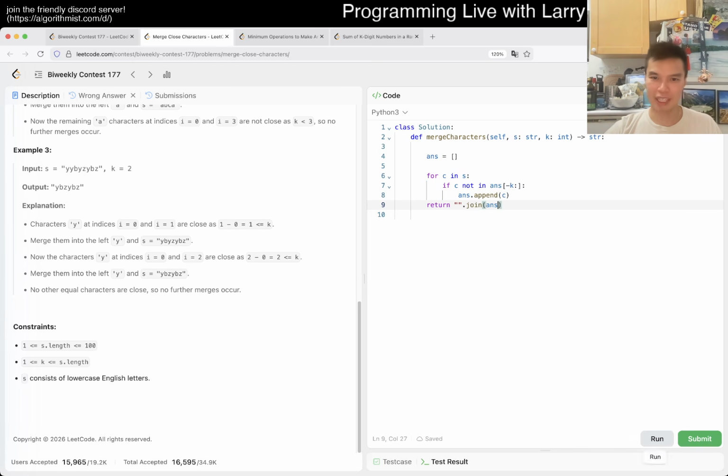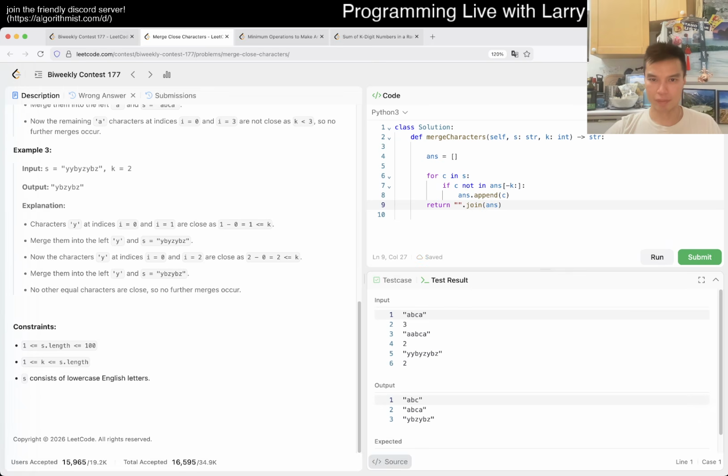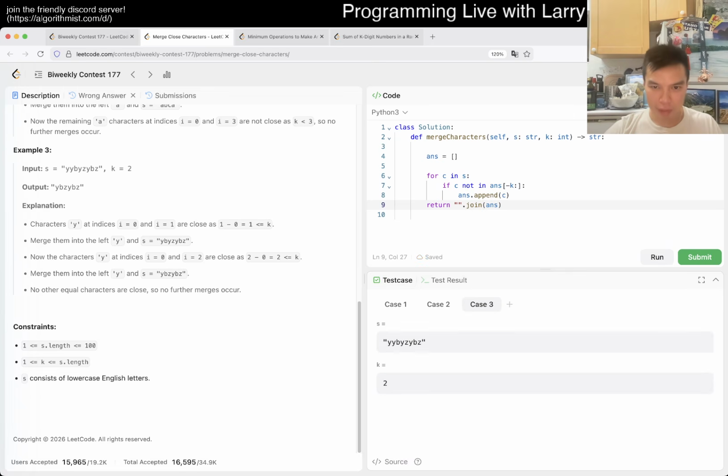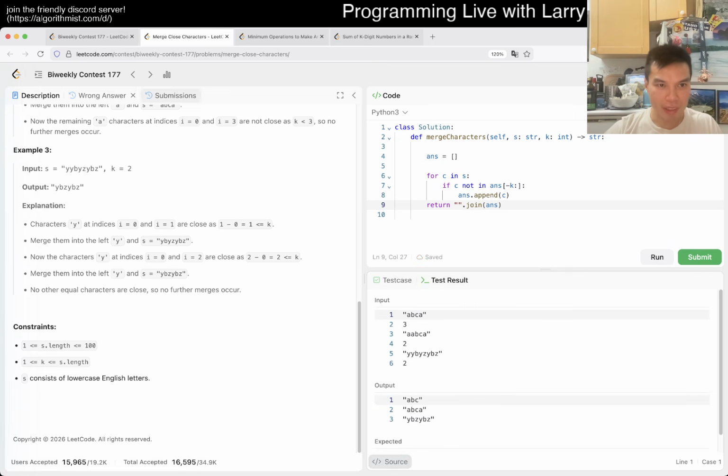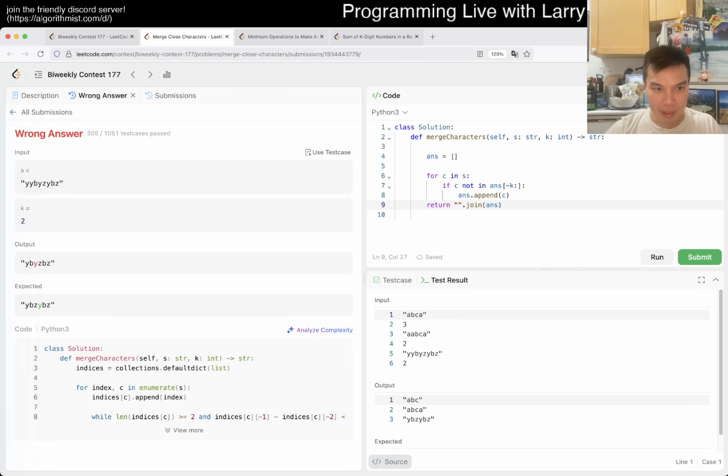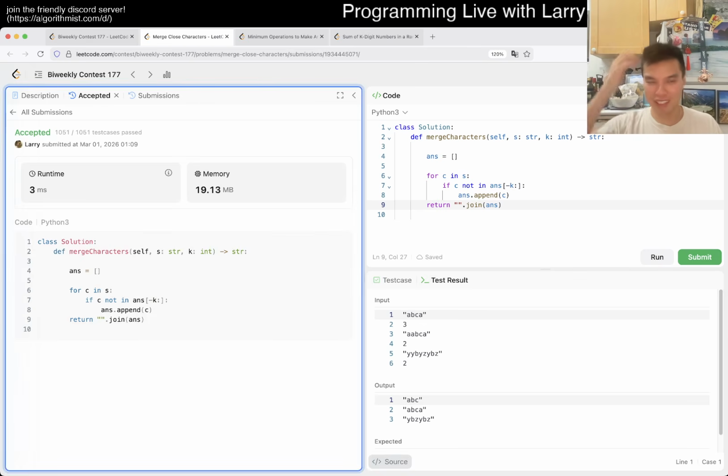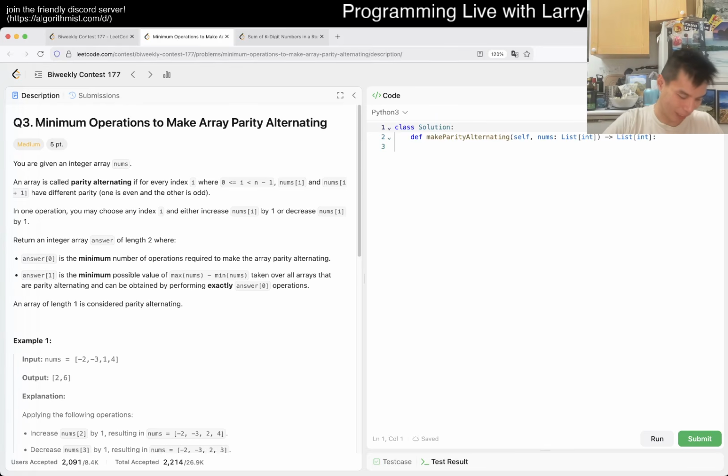The funny thing is, if I had done it this way, what was the answer? I forgot. The funny thing is, if I did it the non-optimized way, I would have gotten it so quickly, like you saw. But it is what it is.